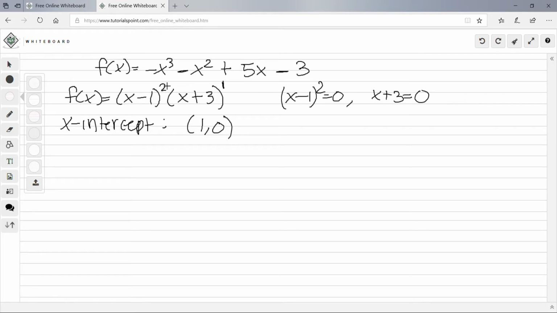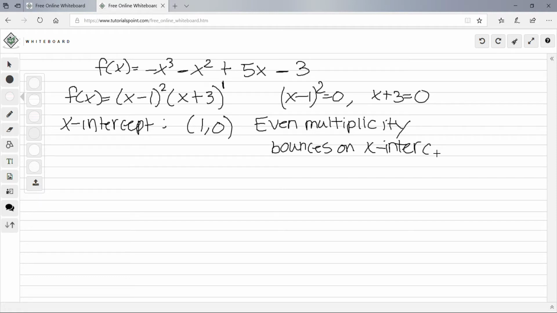So this has a second degree. It has an even multiplicity. So what that means is it bounces on the x-intercept, and this will all make sense when I graph it.